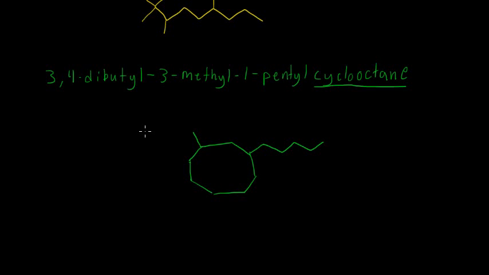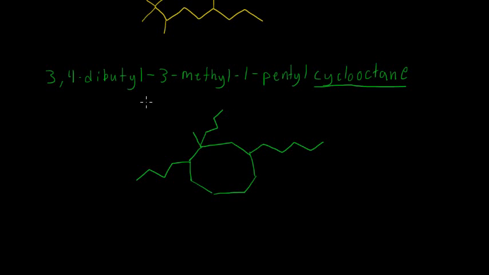So but is 4 carbons. So we're going to add to this third carbon a butyl, 1, 2, 3, 4. And then off of the fourth carbon, 1, 2, 3, 4. So that's one way to draw 3,4-dibutyl 3-methyl 1-pentyl cyclooctane.